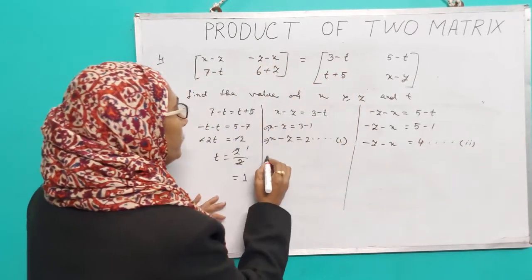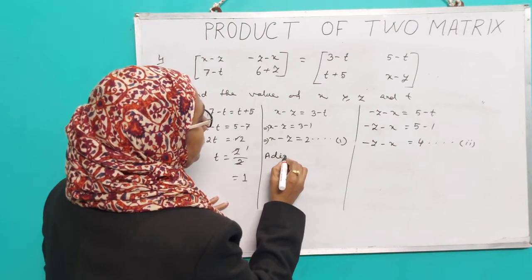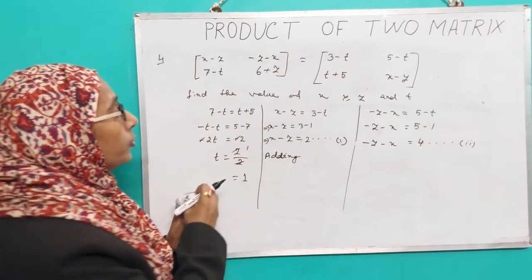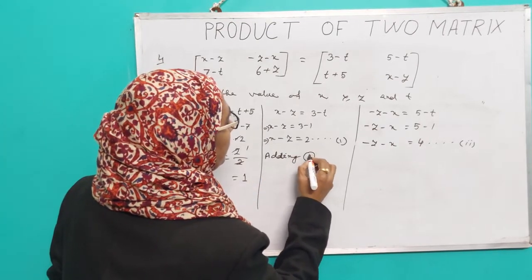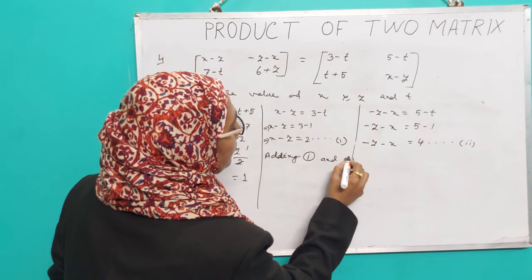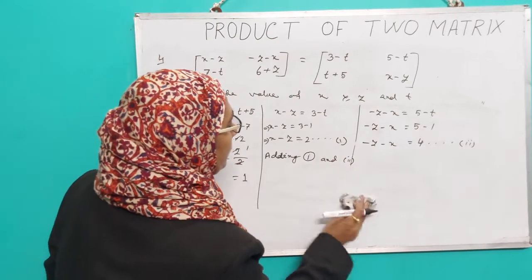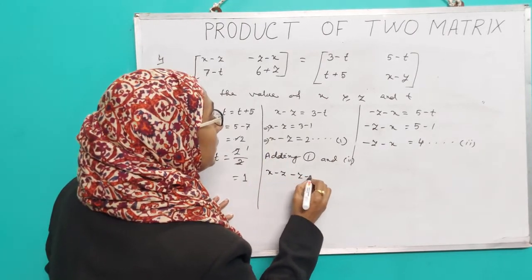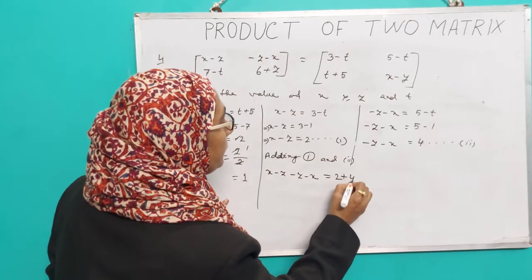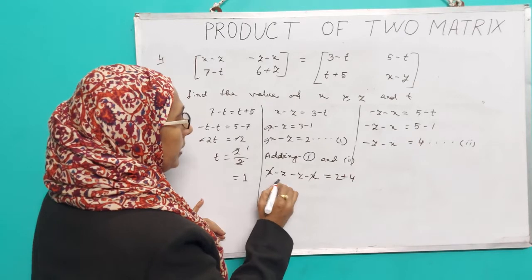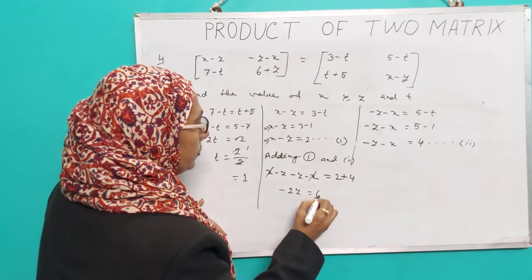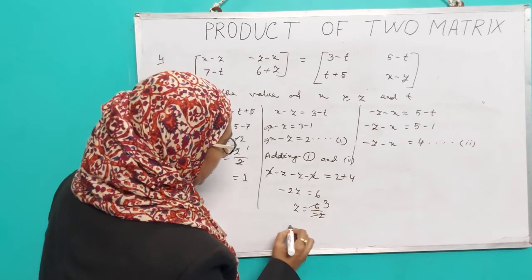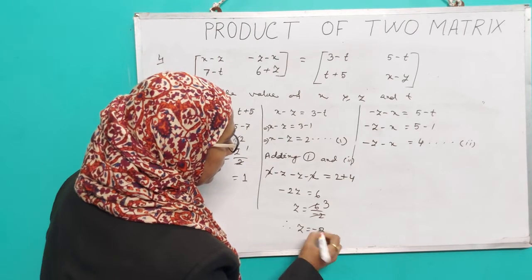Now adding 1 and 2: x minus z minus z minus x is equal to 2 plus 4, isn't it? Then x minus x cancel, minus 2z equal to 6, z is equal to 6 by minus 2, that is minus 3, therefore z equal to minus 3.